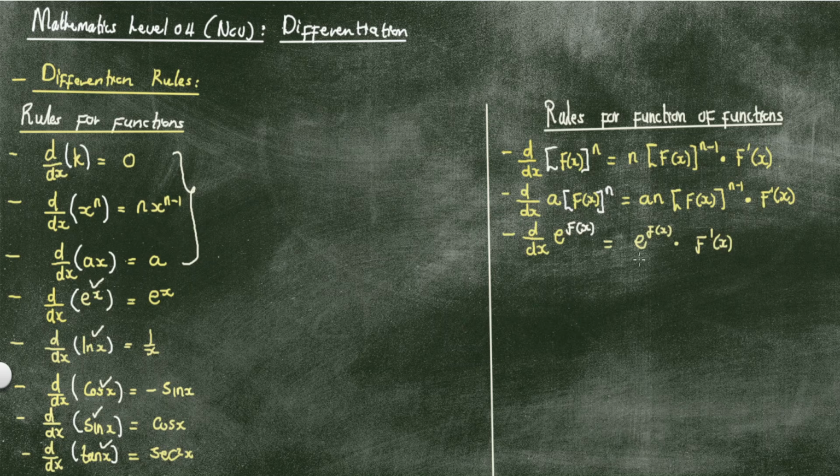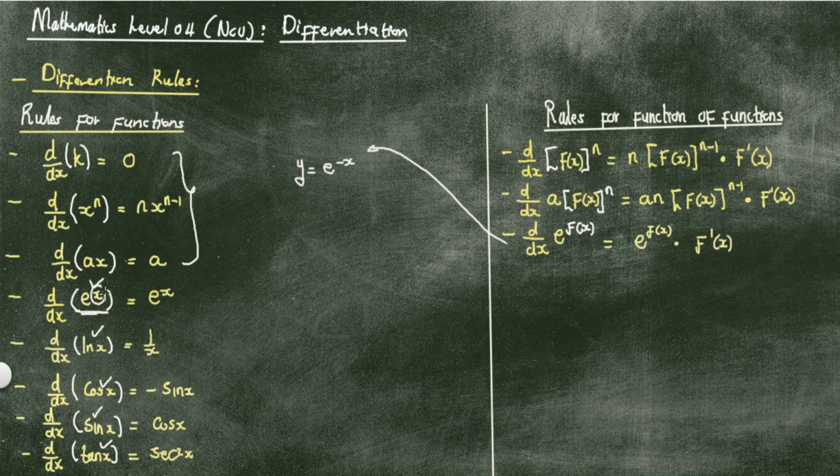Now we have the exponential function e, the derivative with respect to x of the exponential function raised to exponent f of x. Example, you have something like, let's say y equal to e raised to exponent minus x. Now check out the difference.